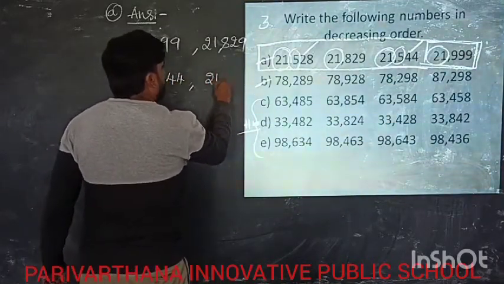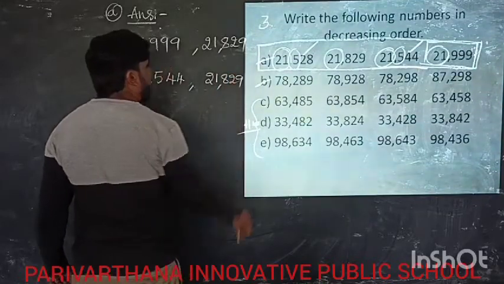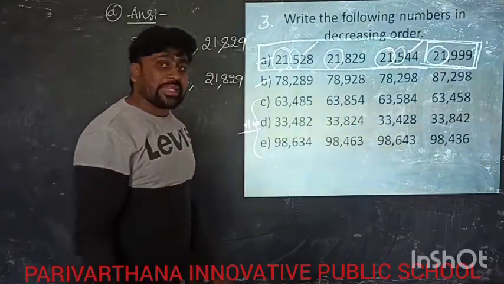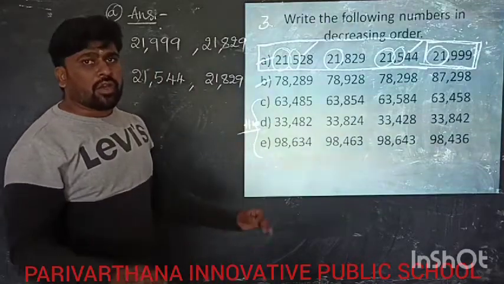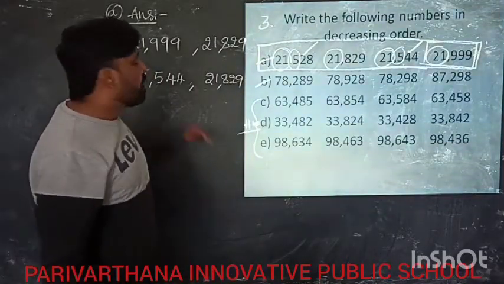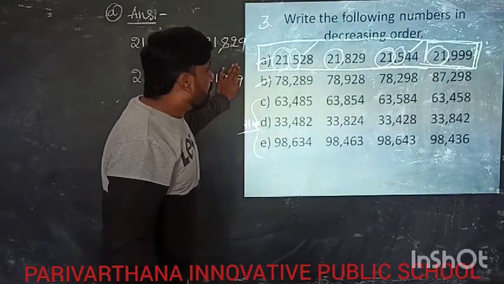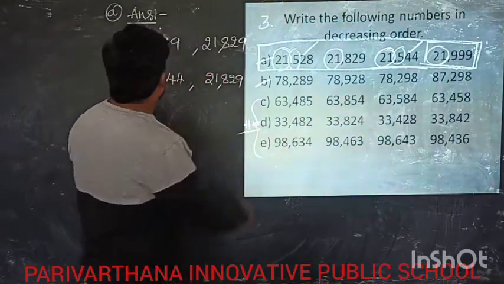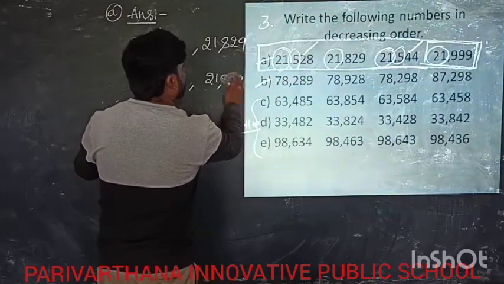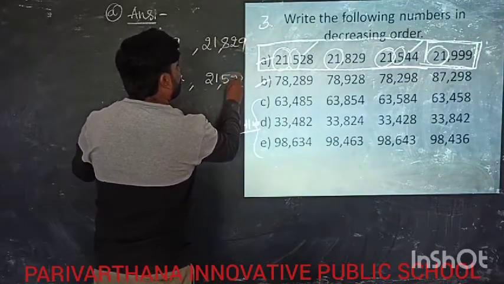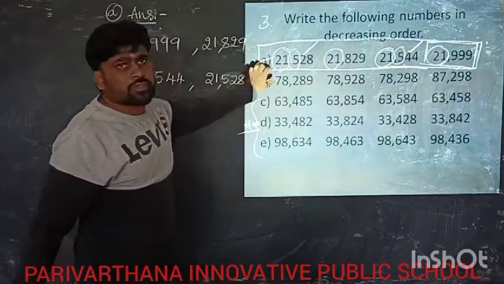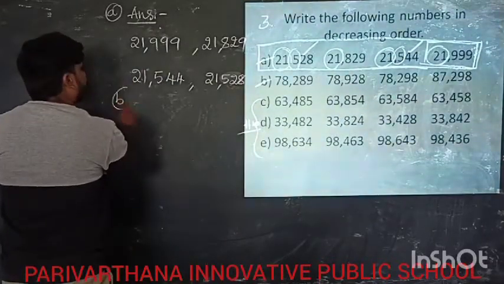Last will be 21,829. Clear? Now we are arranging the numbers according to decreasing order. First is the big number and last will be the small number. I wrote it wrong, this is 5 to 8. Okay, this is last.